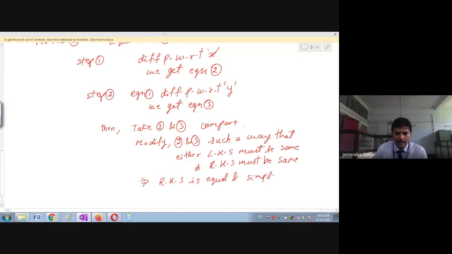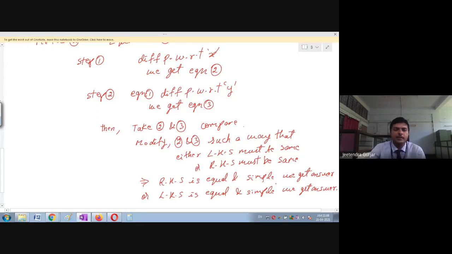We simplify directly and we get the answer. This is one answer we get. Or suppose the RHS is the same; then you equate the LHS, simplify, and we get the answer.